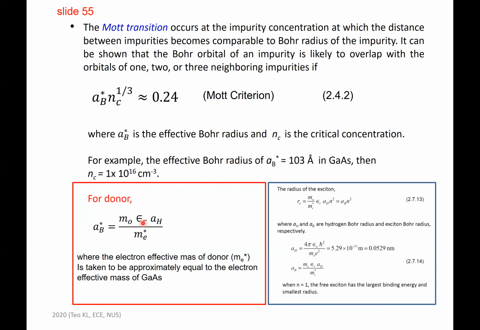Again, it is m0 εr times aH, expressed in terms of the hydrogen Bohr radius, divided by me*, where me* is the electron mass of the donor, and we take it to be the same as the electron effective mass of the semiconductor, because we model the shallow impurity inside the semiconductor using the hydrogen model.